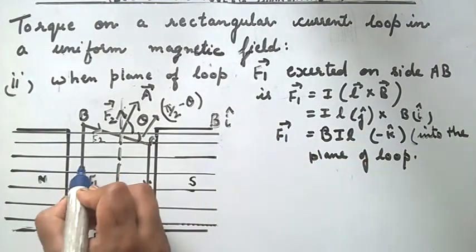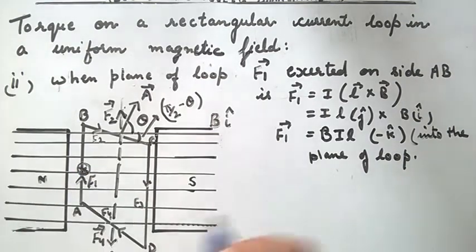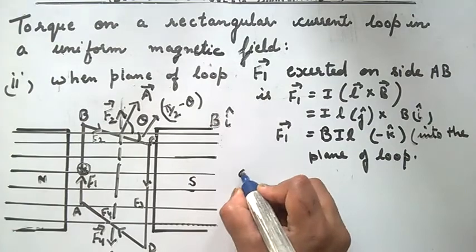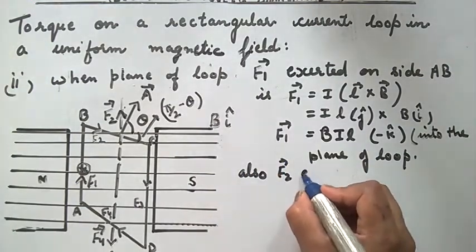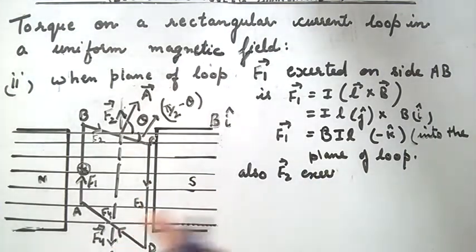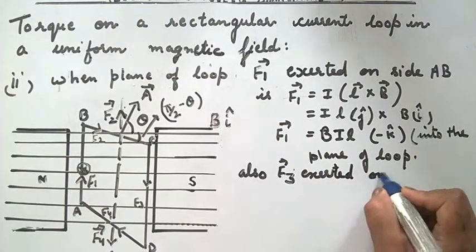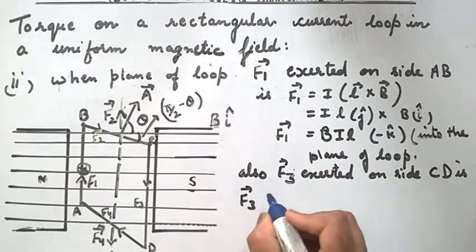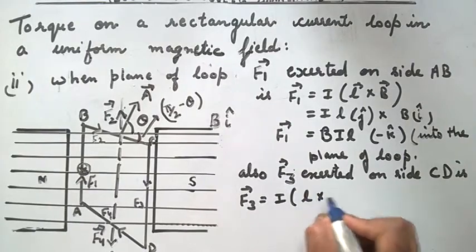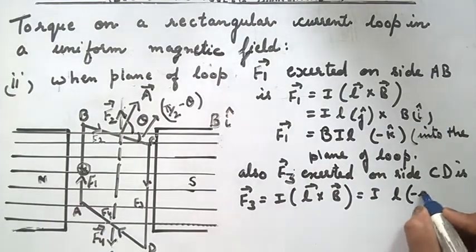And F3 is exerted on side CD. By Ampere's law, I L vector cross B vector, equal to L minus j cap cross B i cap.